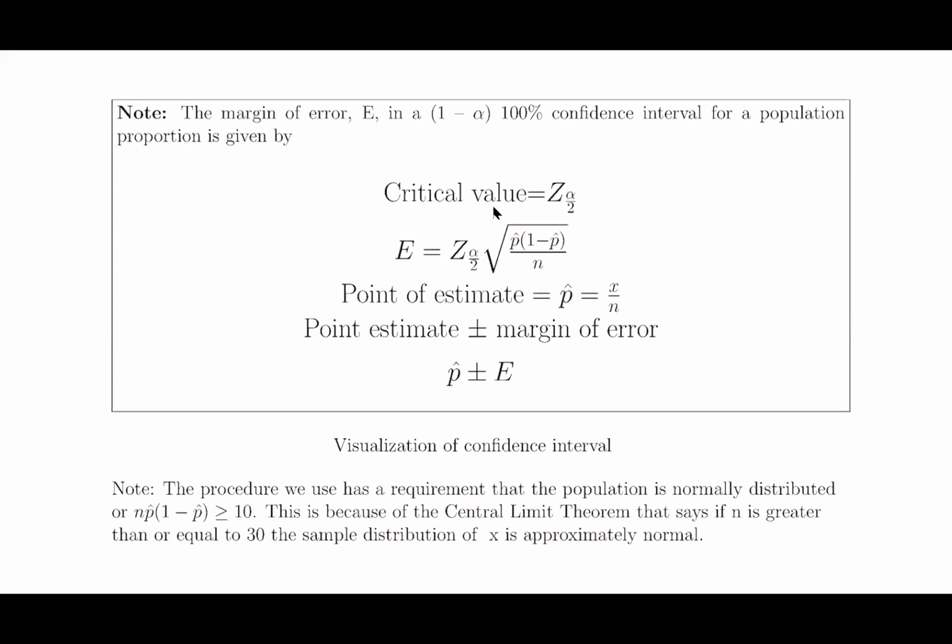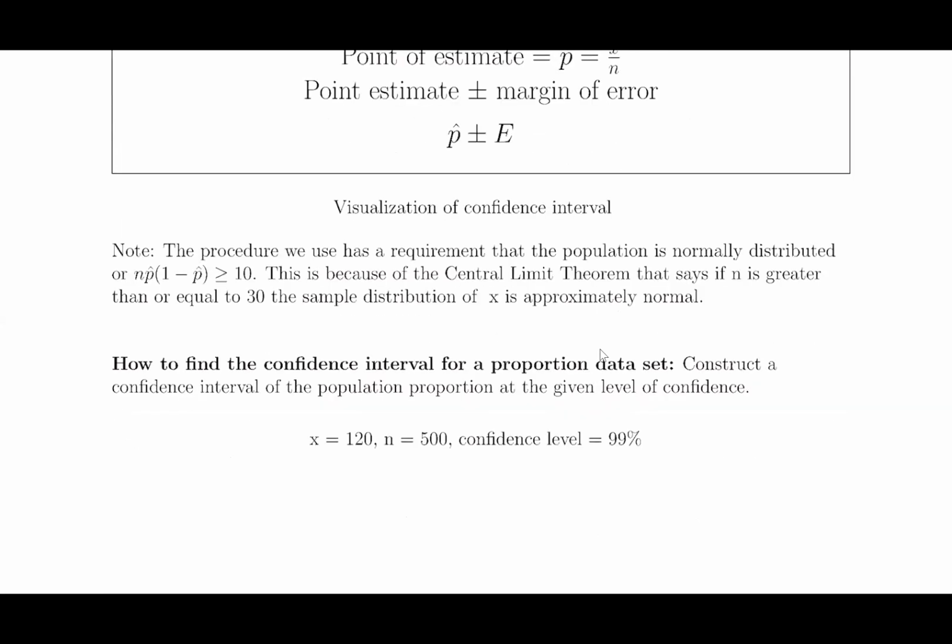You want to find your critical value, which is z alpha divided by 2. You want to find the margin of error, which is z alpha divided by 2 multiplied by the square root of p hat times 1 minus p hat, all divided by n. And don't forget the point estimate: p hat is equal to x divided by n. Once you get the point estimate and E, your margin of error, you just do the point estimate plus or minus the margin of error. So let's go ahead and do a problem.